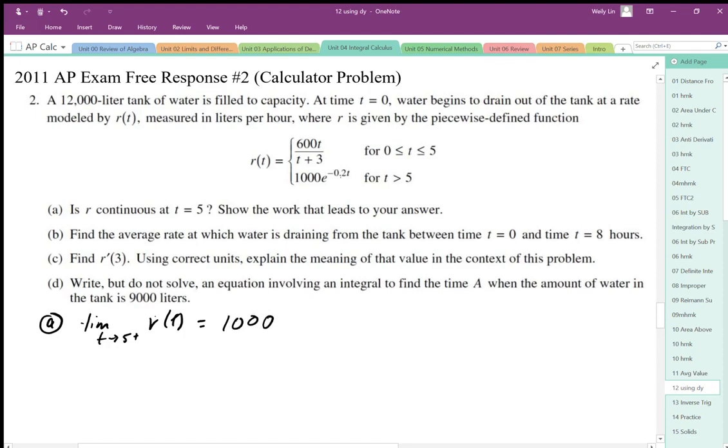And the limit as t goes to 5 from the negative side of R(t): we plug in the 5 from the other side, and we end up with 600 times 5 is 3000, divided by 2, or 1500. These are not equal to each other, therefore not continuous.